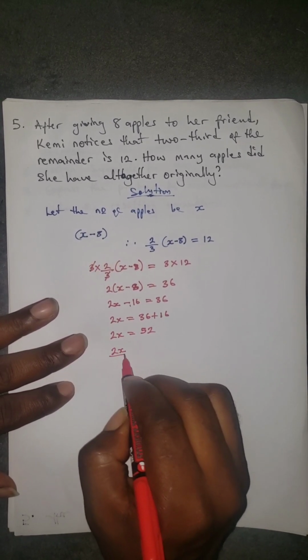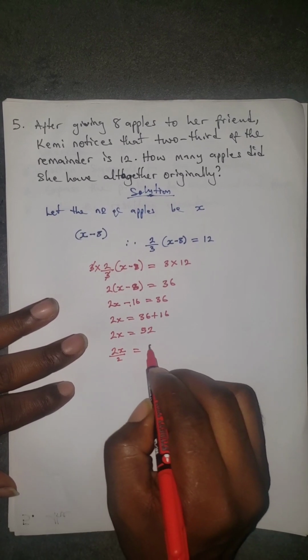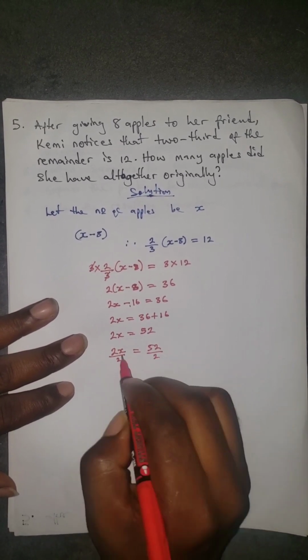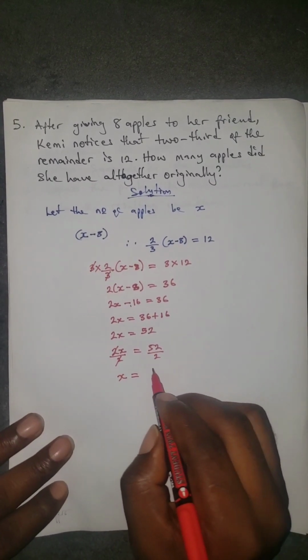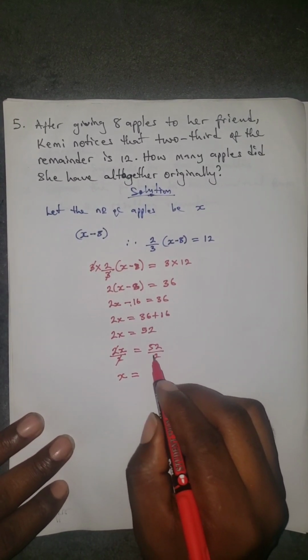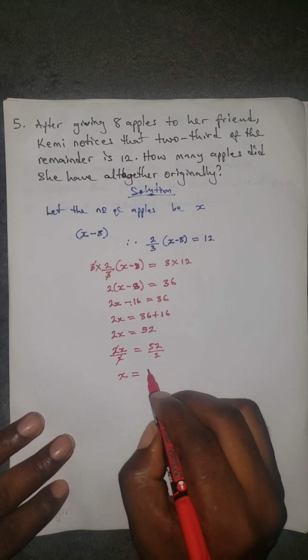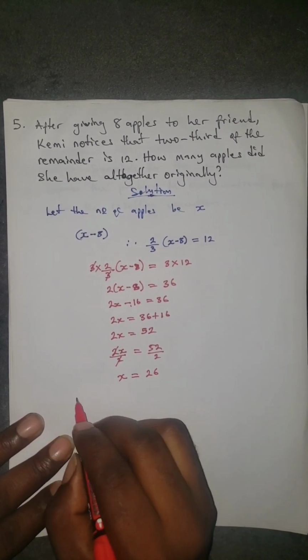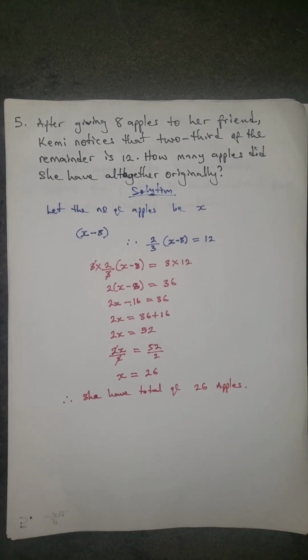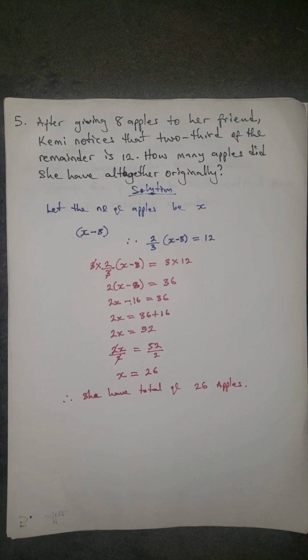So 2x over 2 equals 52 over 2. So 2 will go here, x equals 52 divided by 2, which will give you 26. So she had a total of 26 apples.